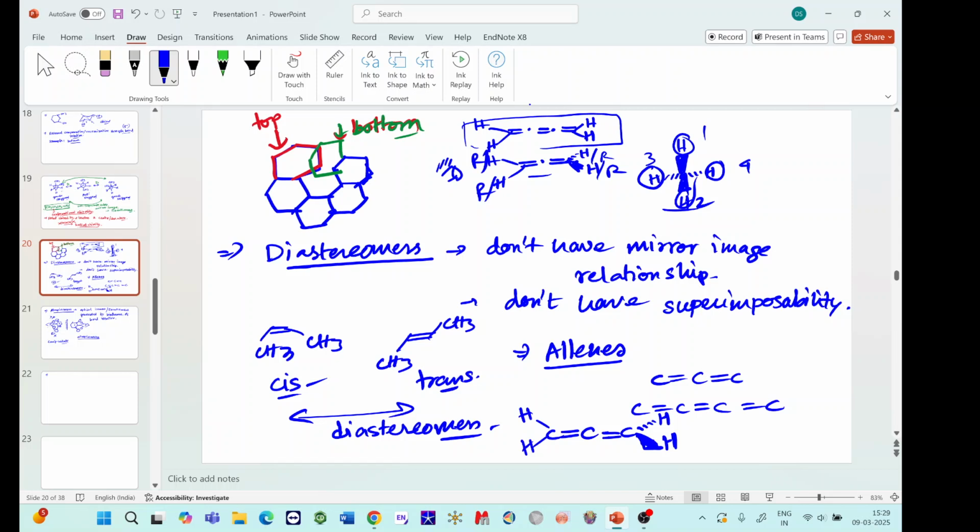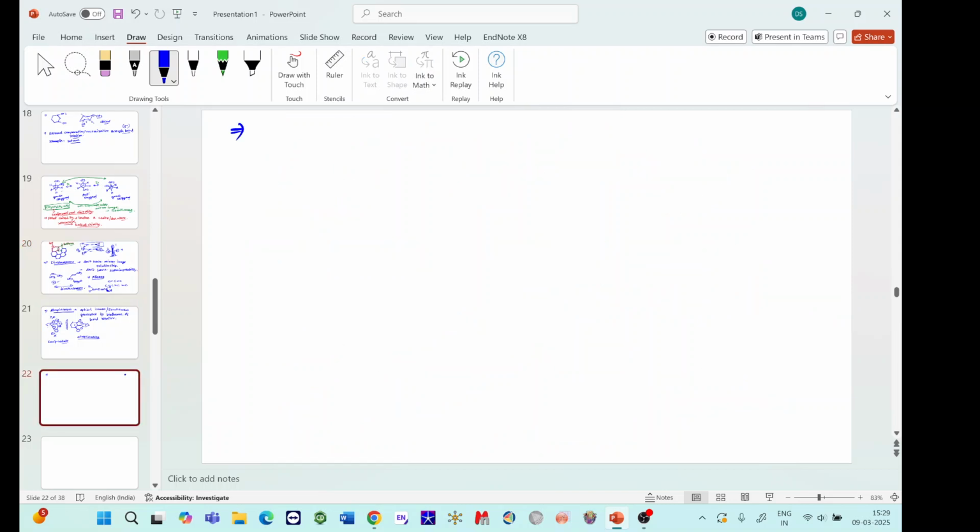Okay. So with that, let us do some question practice. So the first question is that one molecule is given. Let me draw it. You have one proton on the top.